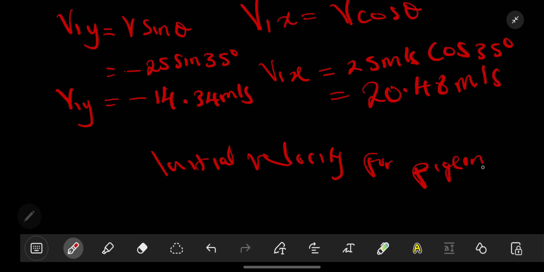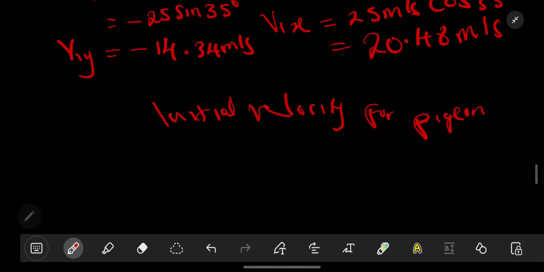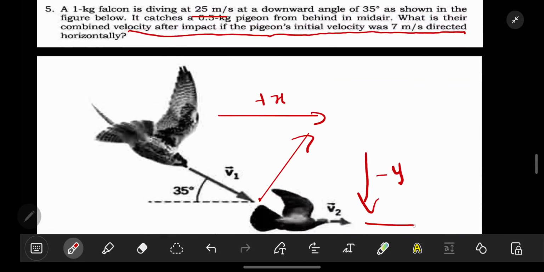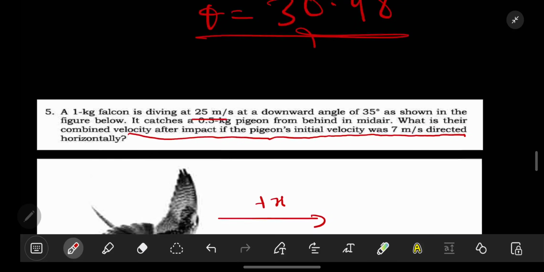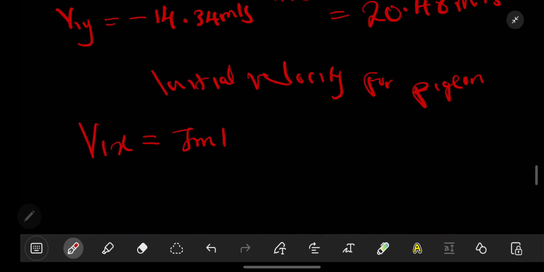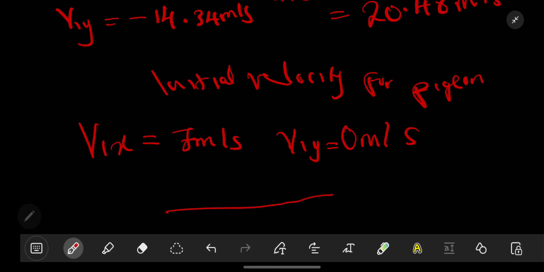Remember the pigeon is moving purely in the x-axis, so for the pigeon, v1x is equal to 7 meters per second, and in the y it is equal to 0 meters per second because it was just moving in a straight line in the x-axis.